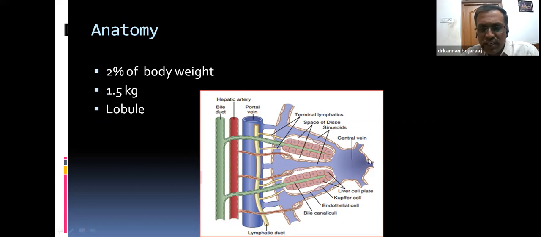First is the central vein. The central vein ultimately drains into the hepatic vein, which is not there in the picture.